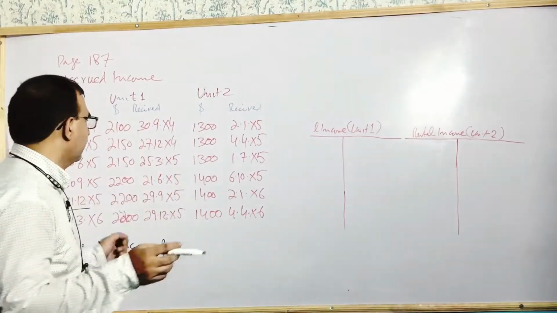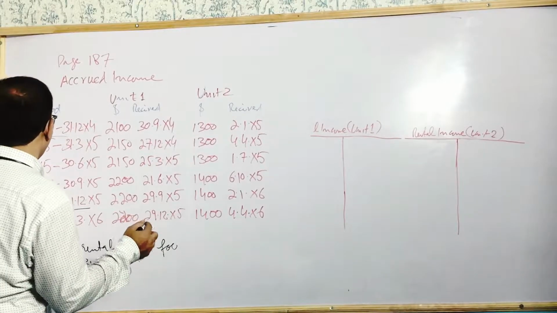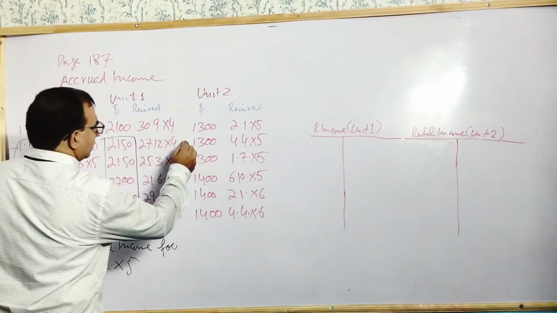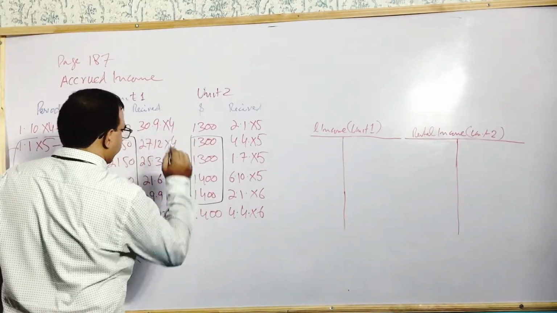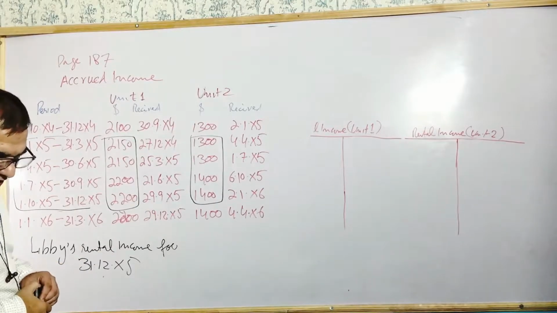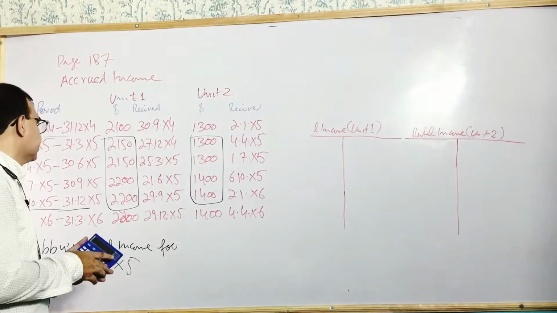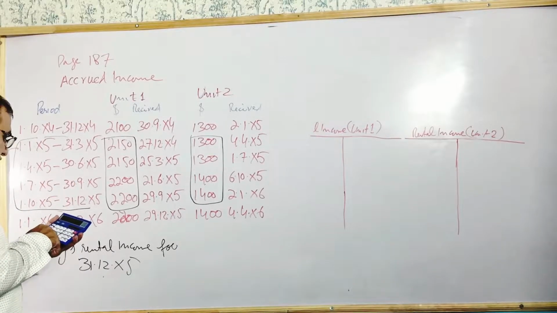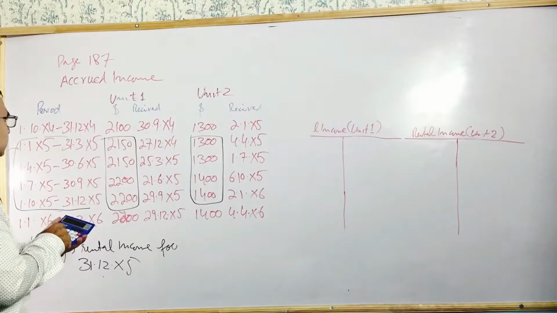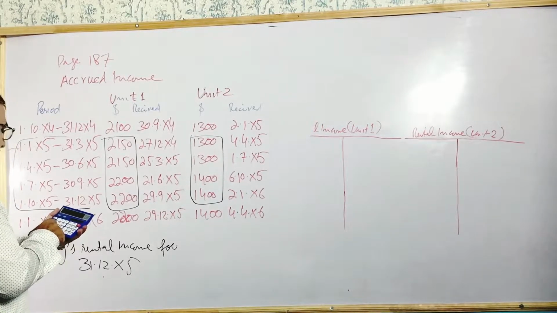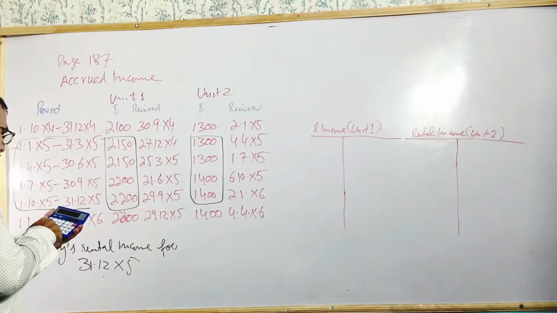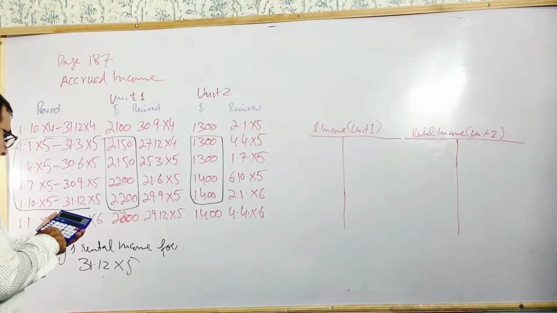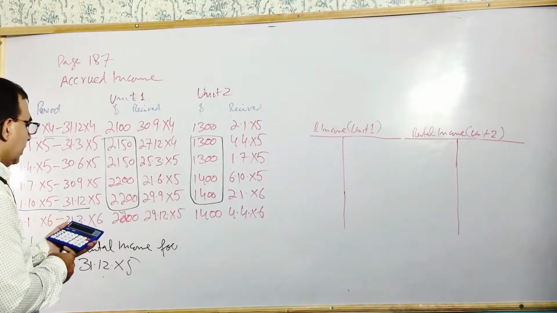Whenever we are receiving it, forget it, doesn't matter. These payments are for the period 2015. If we add them up, we'll get the answer. For unit 1, it's 2100 plus 2100 plus 2150 plus 2150 plus 2200 plus 2200, that is 8700.